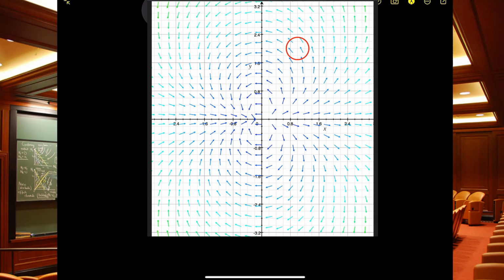So like over here, where this red circle is, the question is, if I dropped a tiny horizontal paddle in the water with a little floaty sticking straight up, would that paddle in the water spin, or does it have any tendency to spin?